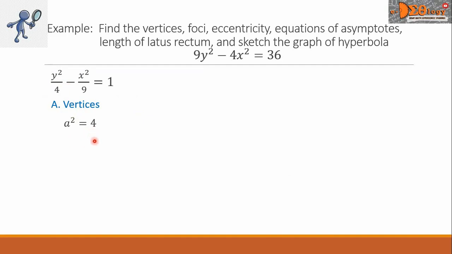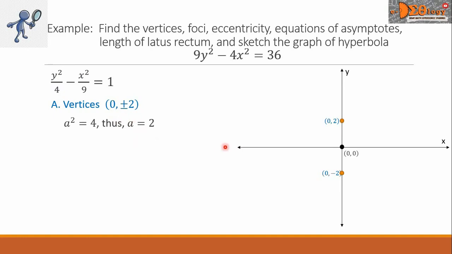Getting the square root, we get the value of a equals 2. So the coordinates of the vertices are 0, plus or minus 2. Plotting these points, we have here the x and y axis. This is the origin with coordinates 0, 0, and the points 0, 2 and 0, negative 2 are plotted respectively.